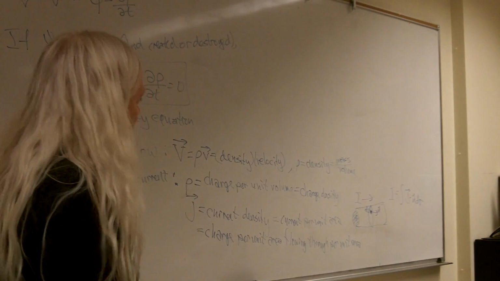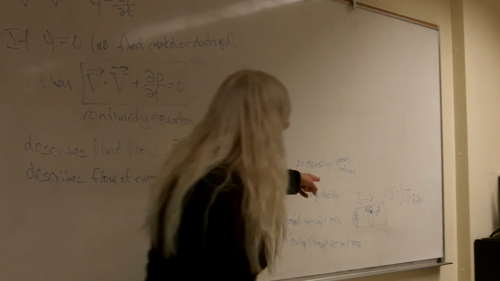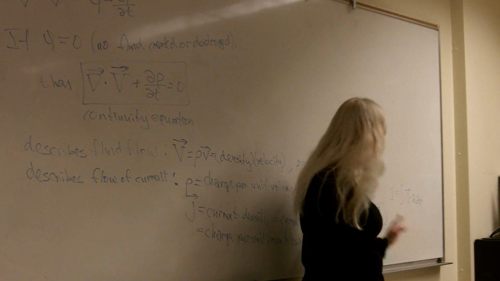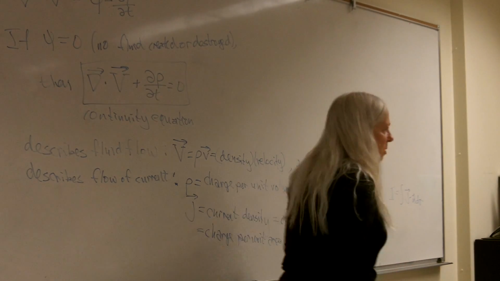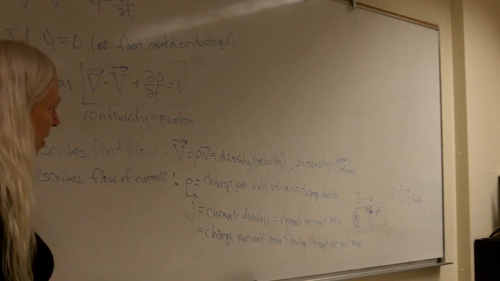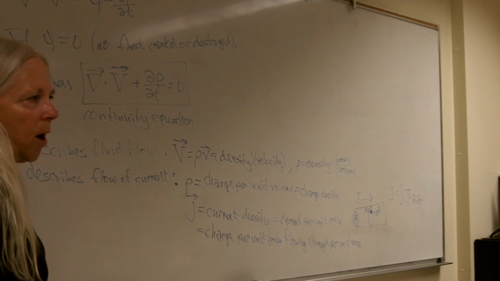And if we dot J into n hat, it looks like from this picture that they're probably parallel to each other, but you could imagine a situation where they weren't, if the area were tipped to the side or something like that. So anyway, if you dot J into n hat integrated over that area, you get the total current flowing through that wire.